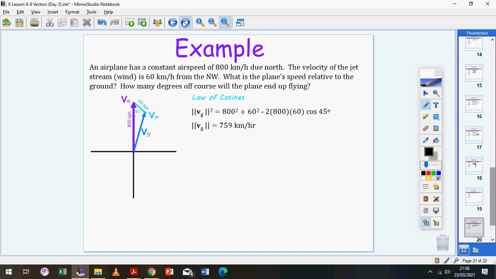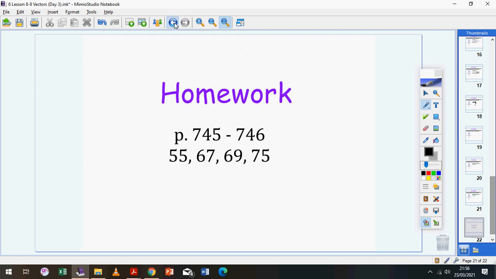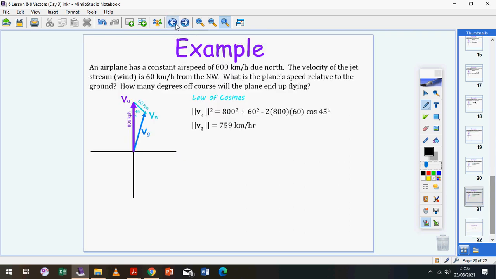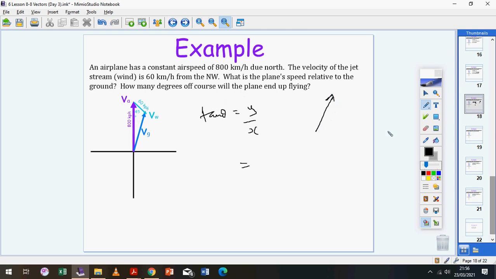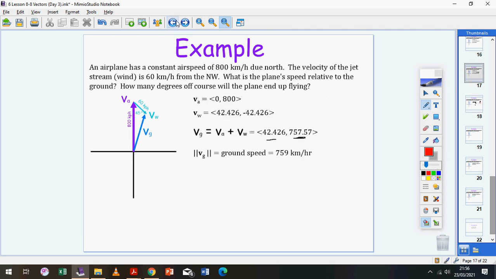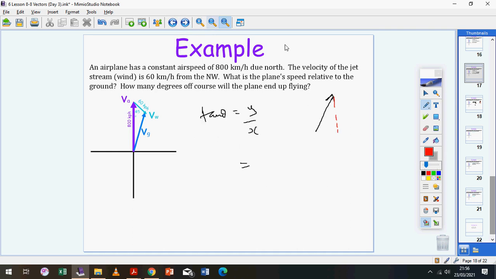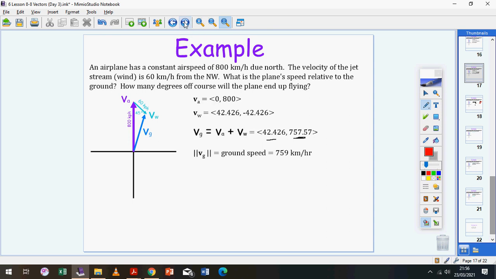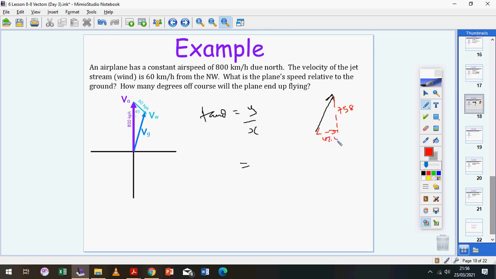Just to complete this, in my resultant vector, the ground speed vector has a vertical component of, what was it, 758, and a horizontal component of, was it, 42.4. And if I want to find that angle, then the tan of that theta angle will be 758 divided by 42.4.